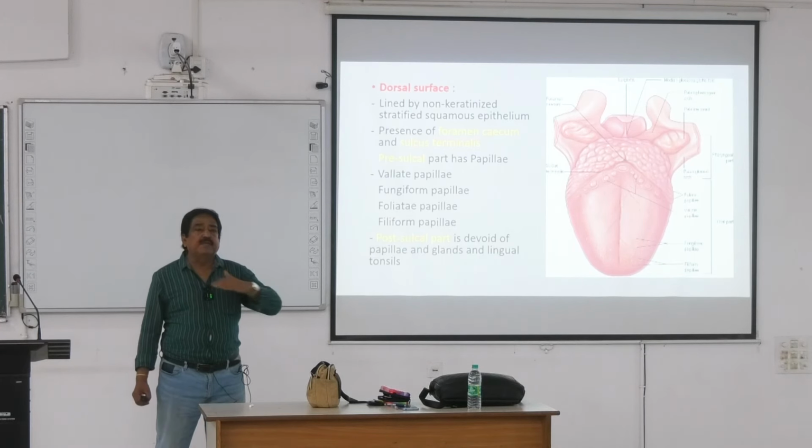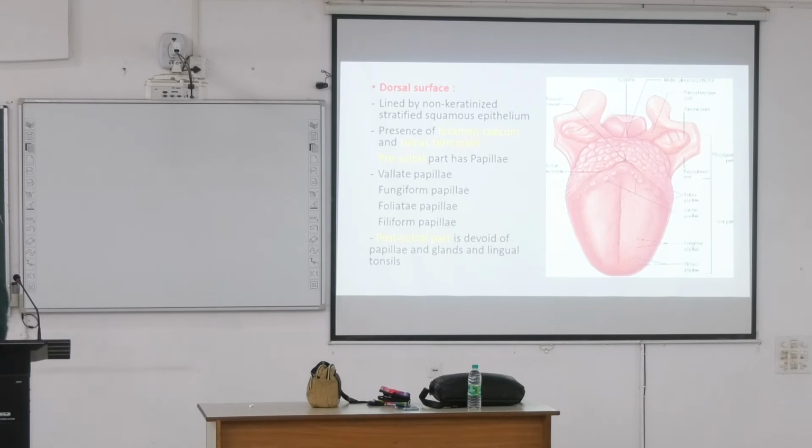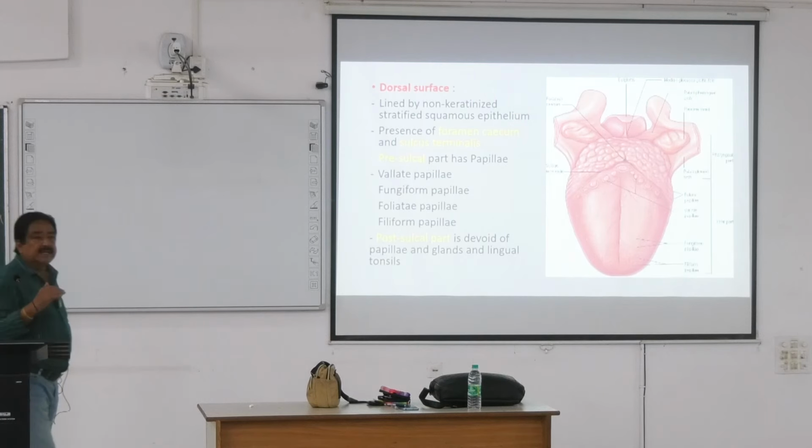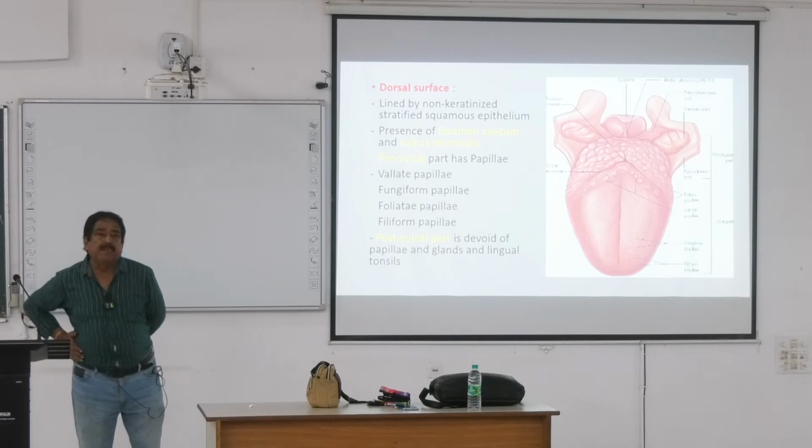You give an IV infusion, 2 bottles, 1 liter, 1.5 liters, and slowly you see the tongue becoming moist. And also in many diseases, like typhoid, the coating of the tongue will reflect it, and actually many diseases can at least be suspected by seeing the tongue.